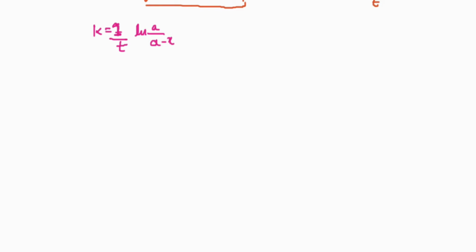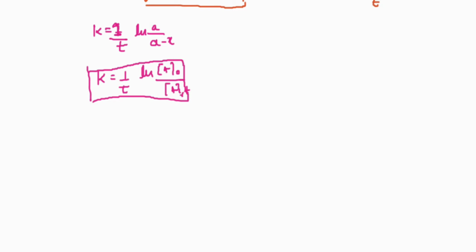We can also write k equals 1 by t ln a naught by a t, where a naught is the initial concentration of A and a t is the concentration of the reactant at time t.